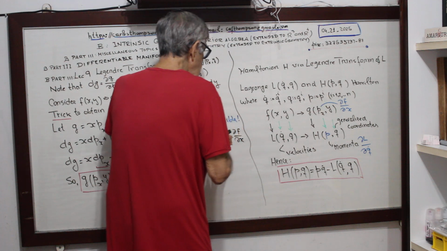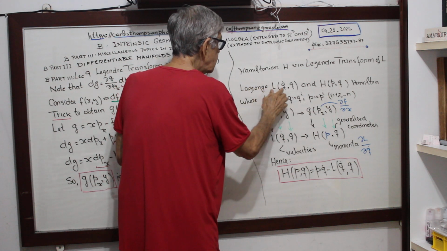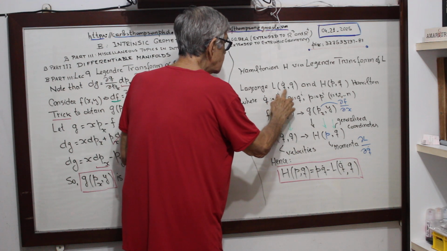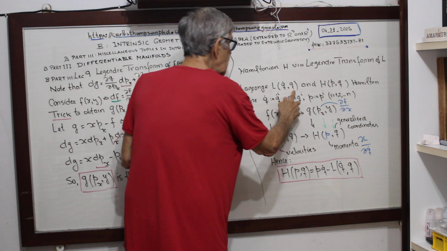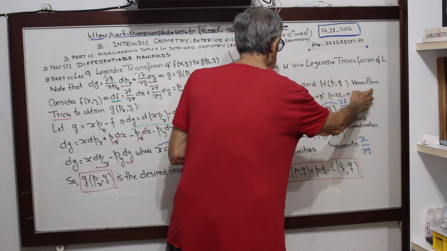Now, the Lagrangian L is a function of q dot and q, and H is a function of p and q, the Hamiltonian.